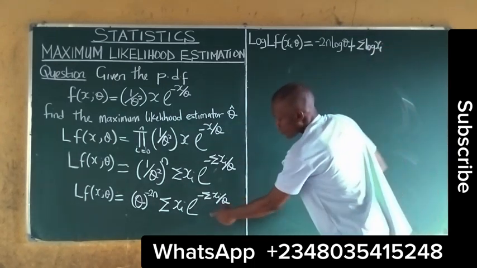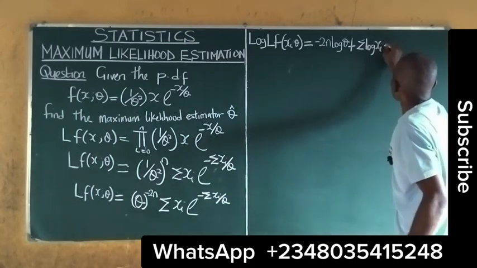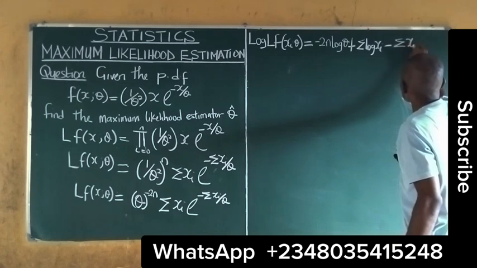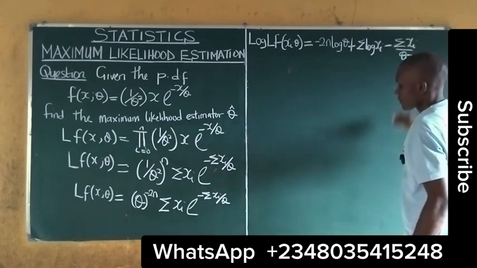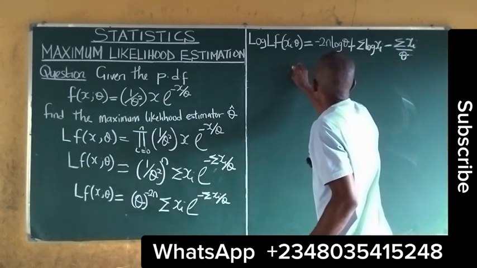If we take the log of an exponential function, we get that same function. So we'll have negative summation of xi's all over theta. So we have this.